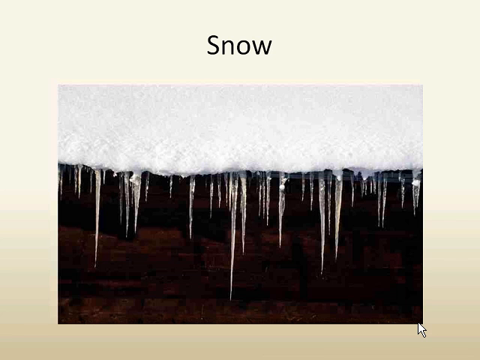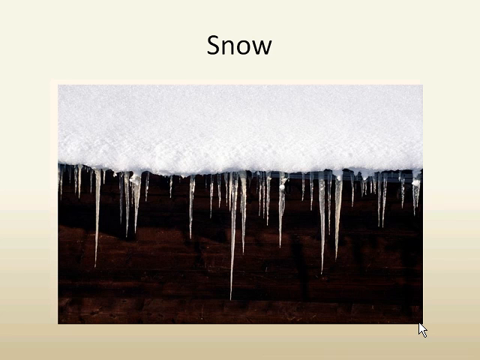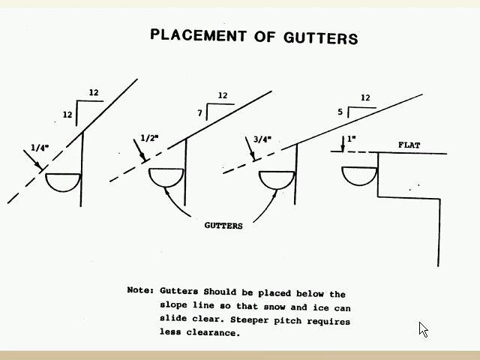Let's move on and talk a little bit about snow and ice. Here's the picture talking about how gutters should be placed below the line. And this gets a little bit to the question that Mike had. You want to make sure that you have the gutters able to capture the runoff from the roof.